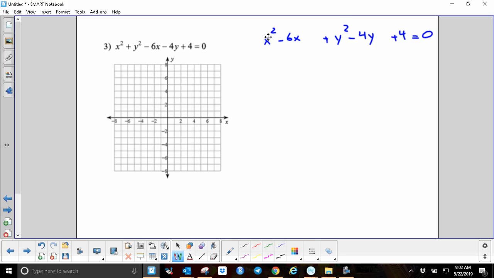So I have to make a square out of it. You don't need to write this.